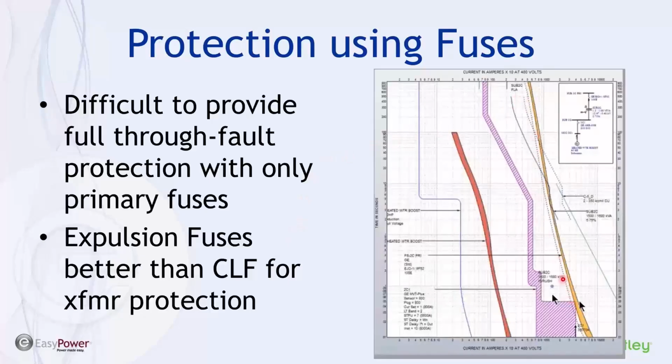This gold band over here on the right is a current limiting fuse, and trying to use it in a primary protection mode, we can get frequent fault coverage, but we don't have coverage at the higher time delay at lower currents. Whereas an expulsion fuse can be a little bit more accommodating as far as the slope, and this one's on the secondary side and can be worked in conjunction with the upstream breaker.